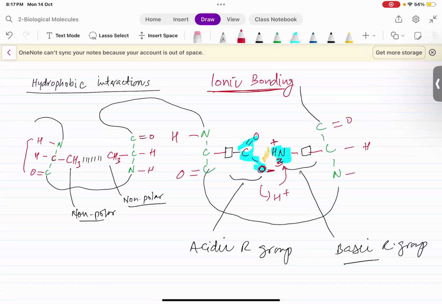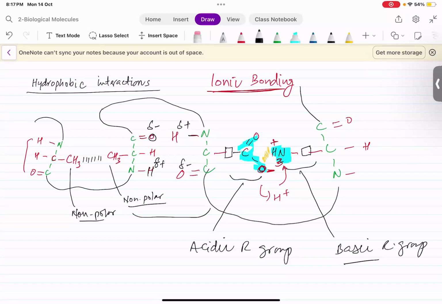And here, these two amino acids in this fold, this hydrogen here will have a partial positive charge on it, and this oxygen will have partial negative charge on it. Similarly, this will have a partial positive charge on it, and this will have a partial negative charge on it.